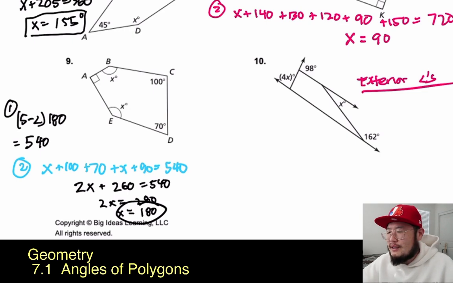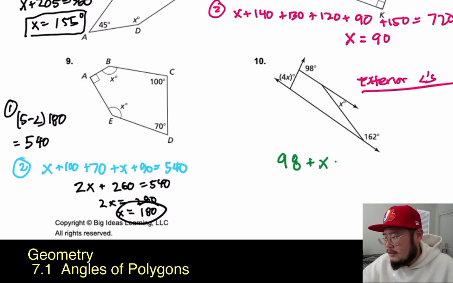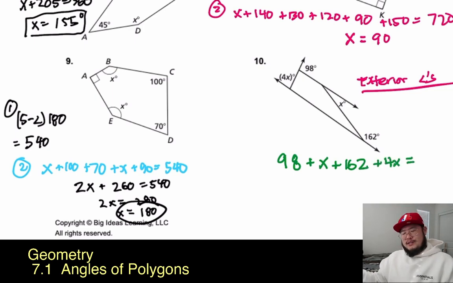So we're going to come up with an equation where we take every angle, 98 plus x plus 162 plus that last angle, 4x, and set this equal to 360. Why 360? Because that is the sum of the exterior angles.